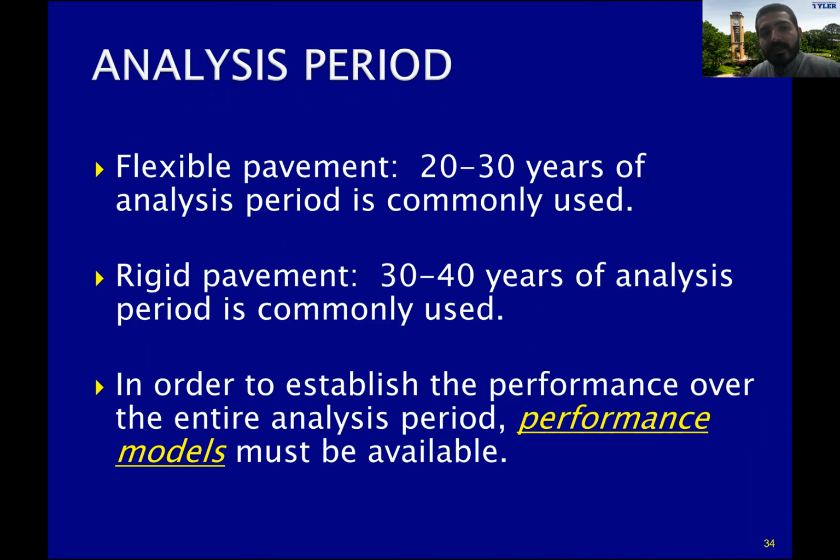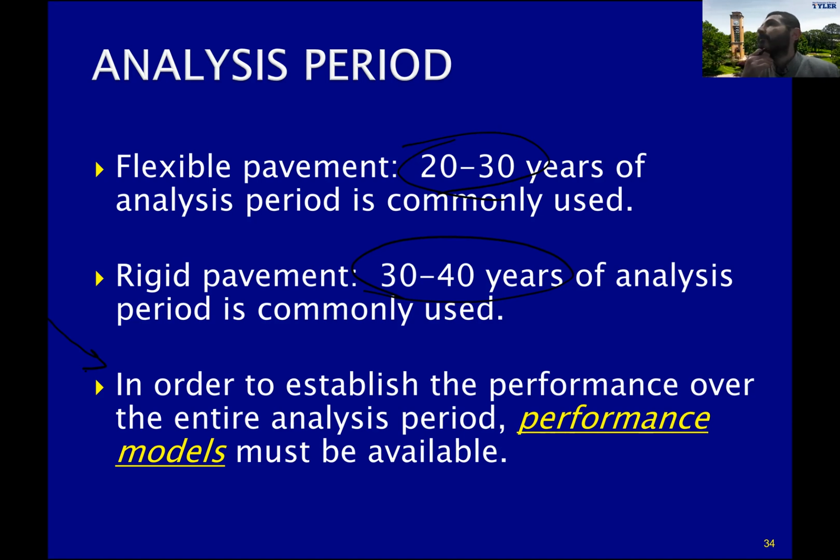So the analysis period is somewhere between 20 and 30 years. That's typically what it is. For rigid pavements, it's actually 30 to 40 years. And as I'm mentioning here, in order to establish the performance over the entire analysis period, performance models are available. In fact, most of the graduate students in this class are currently working on term papers to predict the performance of hot mix asphalt structures.